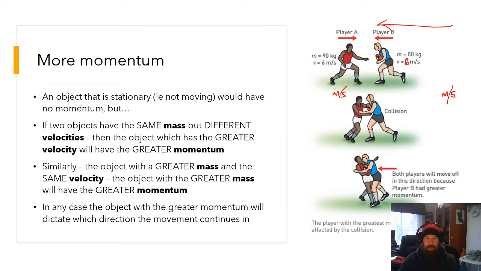So we got 90 times 6 gives us 540 meters per second, and then this guy is going to be 8 times 6, which means he's doing 480 meters per second.